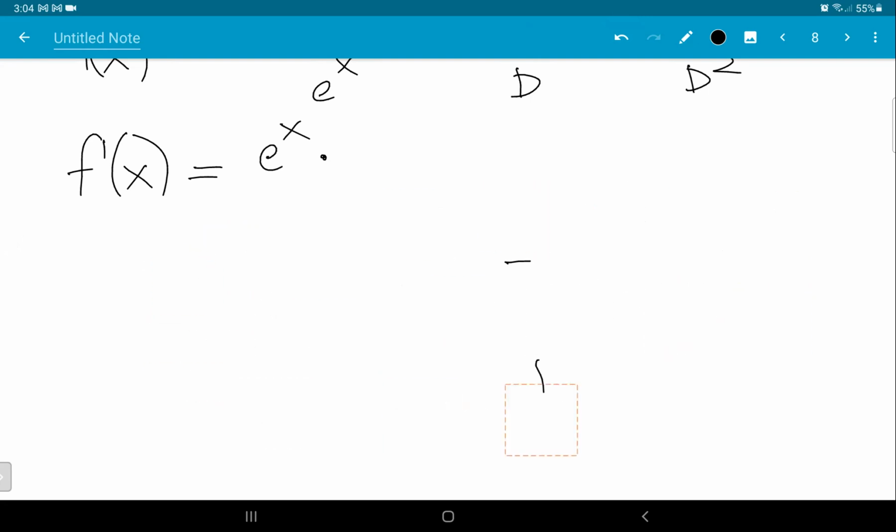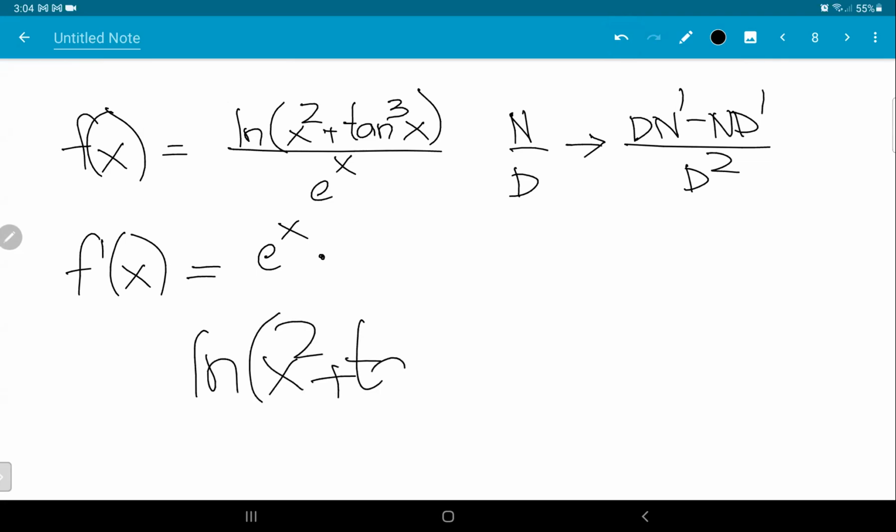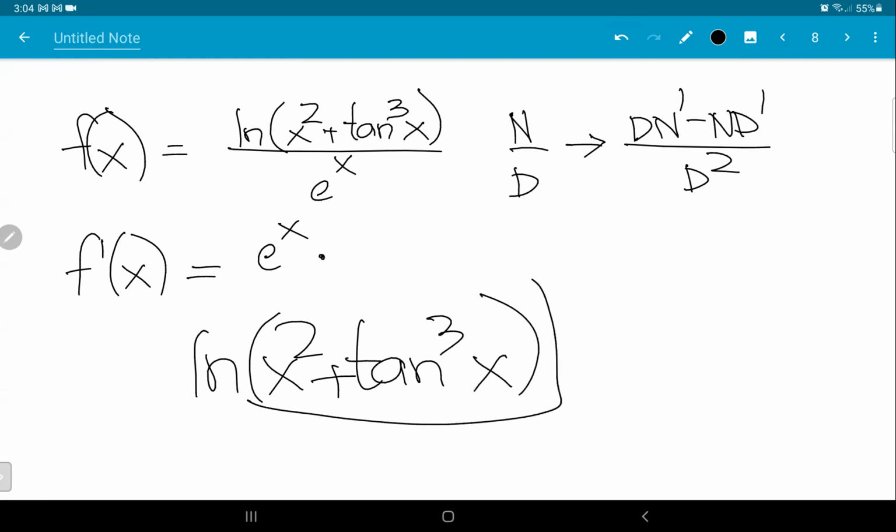So if we apply that to get the derivative of this one, we will have to get the reciprocal. Let me recap. So we get the reciprocal of the function of x inside ln.